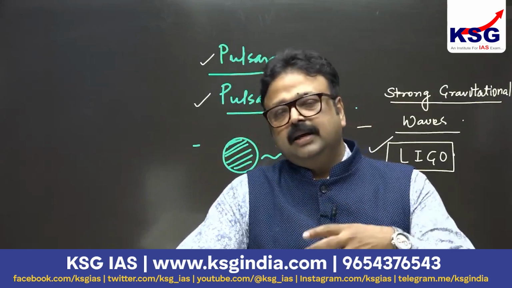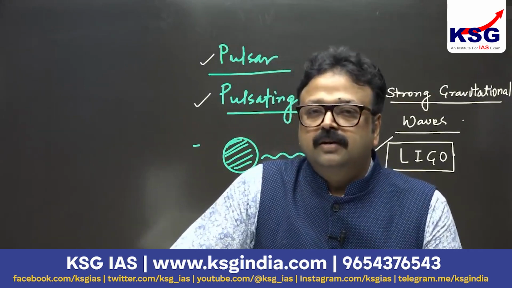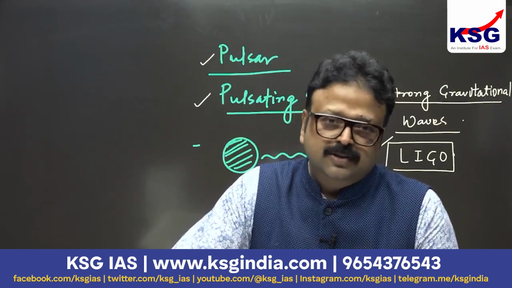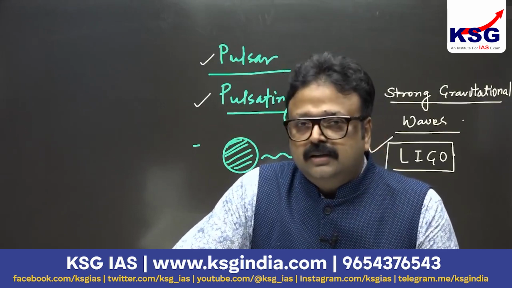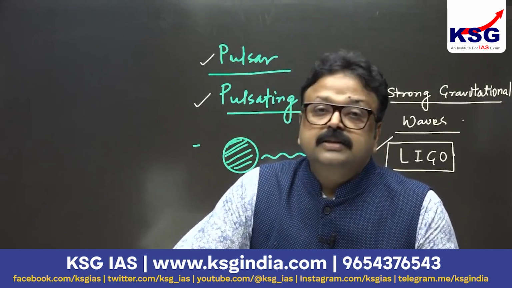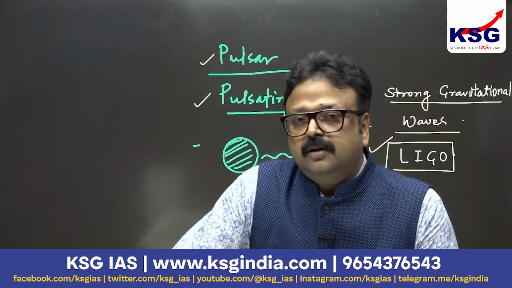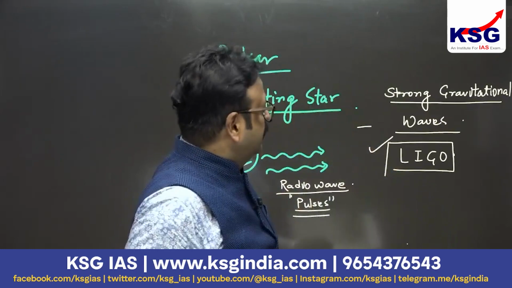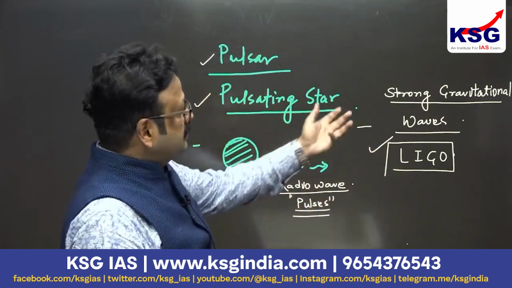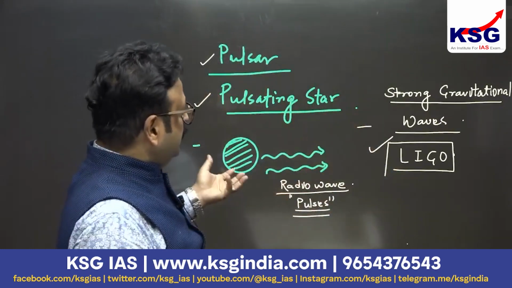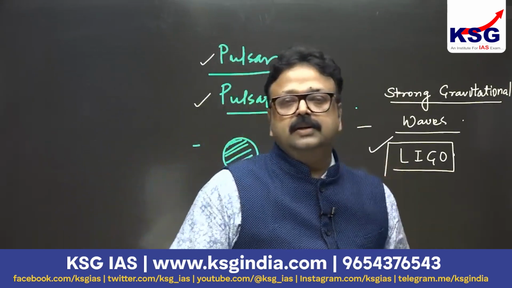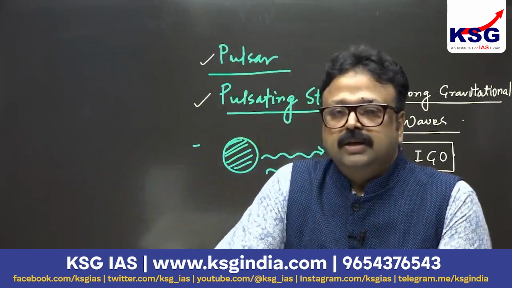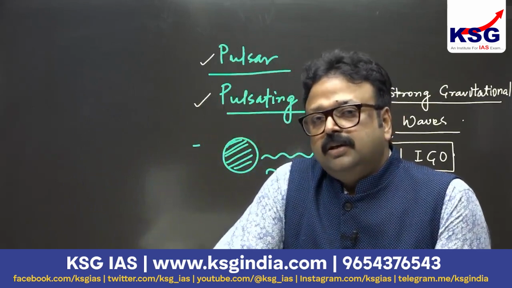That's why these gravitational wave observatories are established worldwide, and this is equally important for your science and technology topic. So please go and see these LIGO observatories, how they work. And this strong gravitational wave received on the Earth is telling the story of such massive gravity around the Earth.